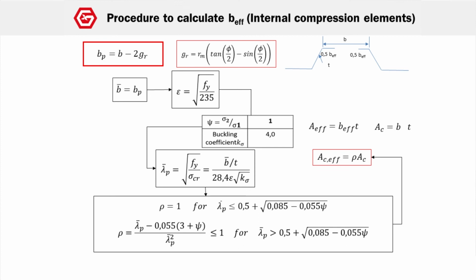Rho is equal to 1 for lambda p bar inferior to this formula, and rho is equal to lambda p bar minus 0.055 in brackets 3 plus psi, divided by lambda p bar squared, if lambda p bar satisfies this criterion. This way, now we have a solution to determine rho and to calculate B effective of a profile.